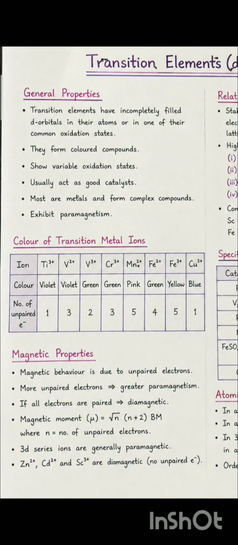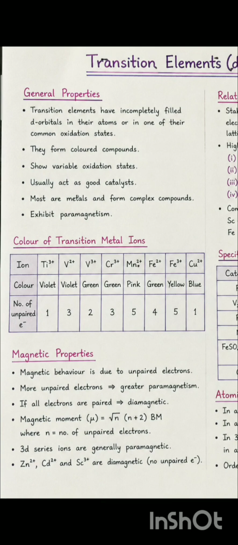Magnetic behavior is due to unpaired electrons. To find the magnetic moment, we use the formula root over n into n plus 2, where n is the number of unpaired electrons. If there is no unpaired electron, there is no magnetic moment. If unpaired electrons are more, paramagnetism is also more. 3D series ions are generally paramagnetic, and zinc +2, cadmium +2, and Sc +3 are diamagnetic.